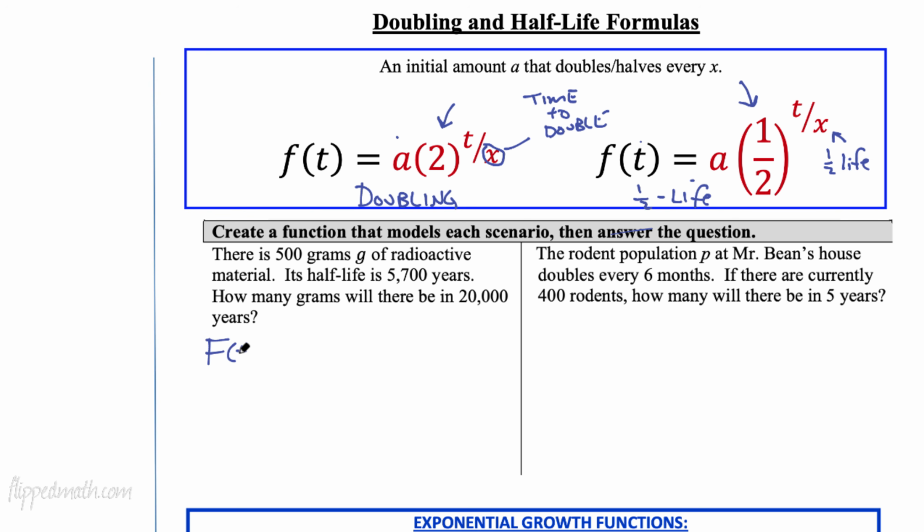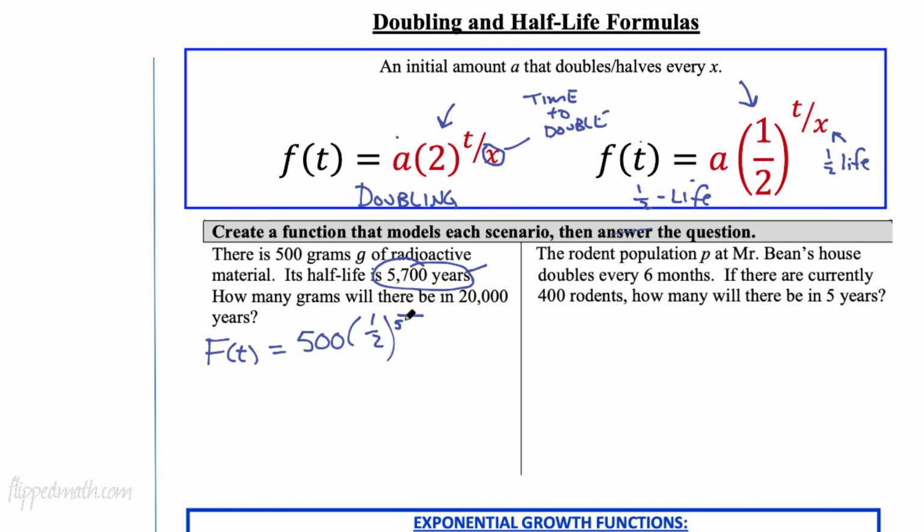F of t, we're changing it up. So our time is t here. It's going to equal, we're starting with 500 grams. So that's our initial value. And we're doing a half-life problem, and the half-life is 5,700 years. So that is what goes on the bottom.